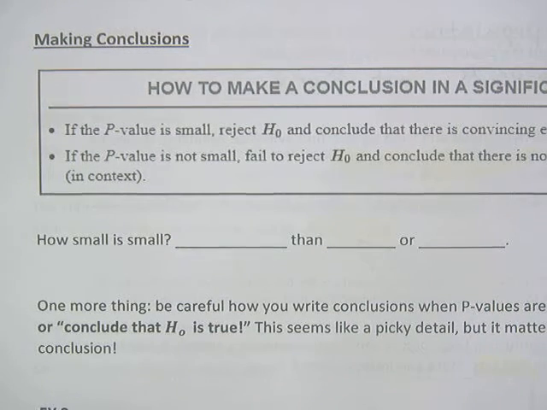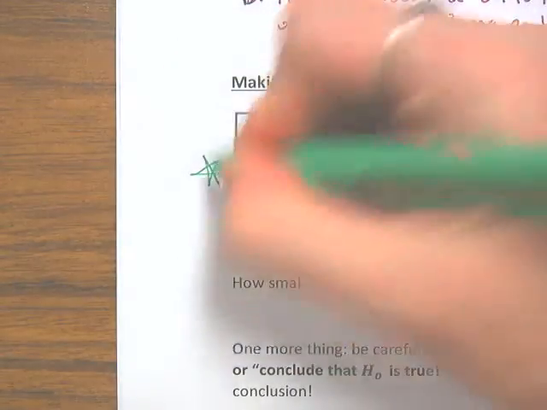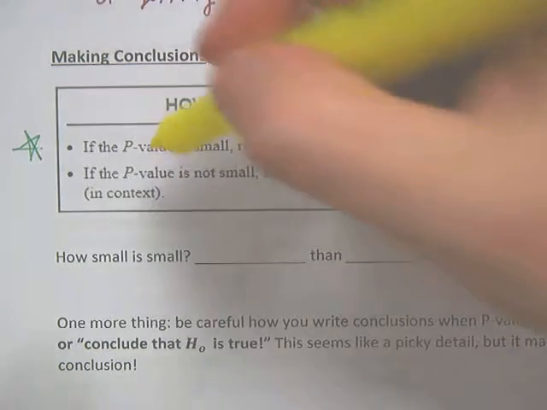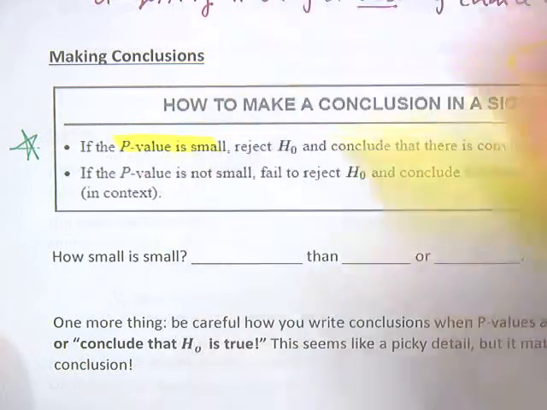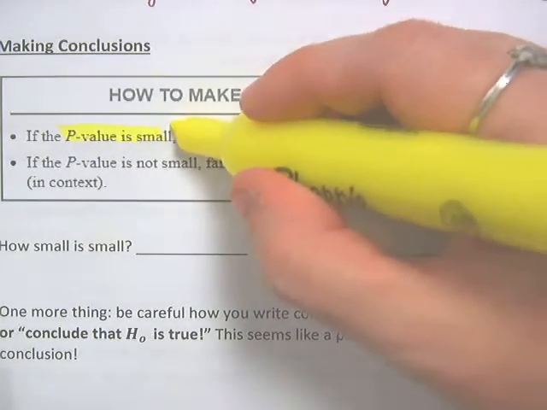Very last thing that I'm going to teach you is how to draw a conclusion based on the p-value. Here it is in this box. This box is going to be so very important to you. I teach statistics and I always reference this little box to make sure that I'm not messing something up. If the p-value is small, you're going to write this.